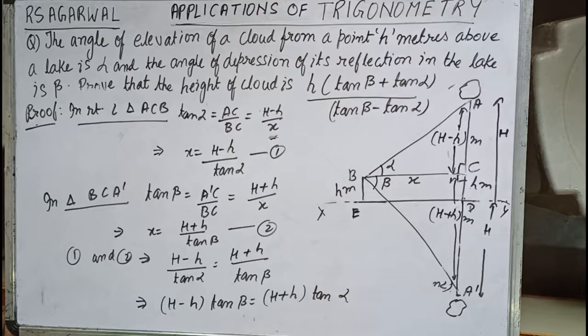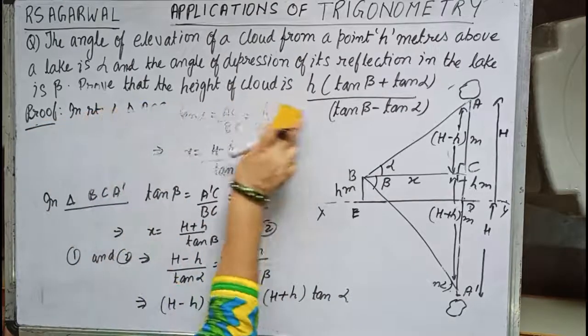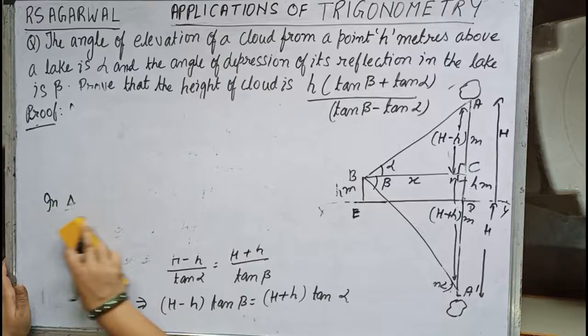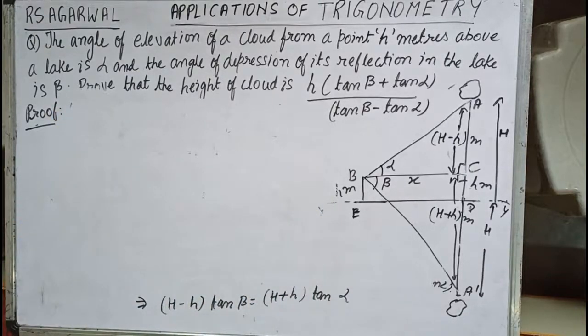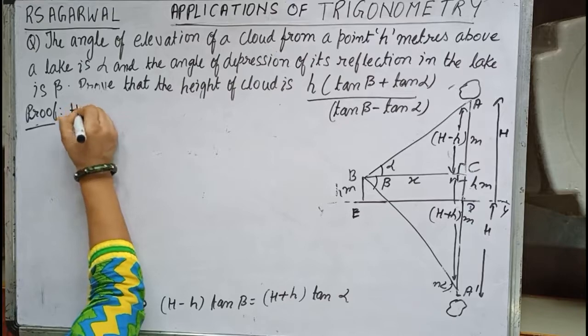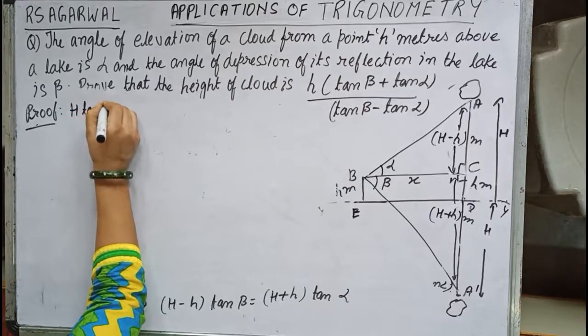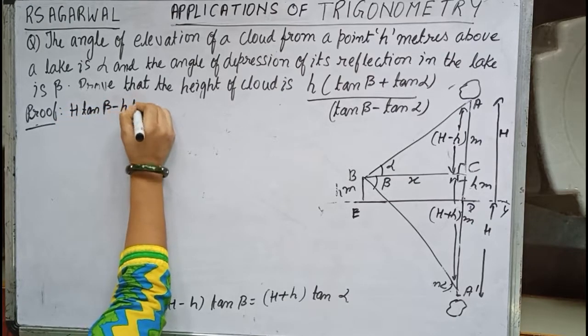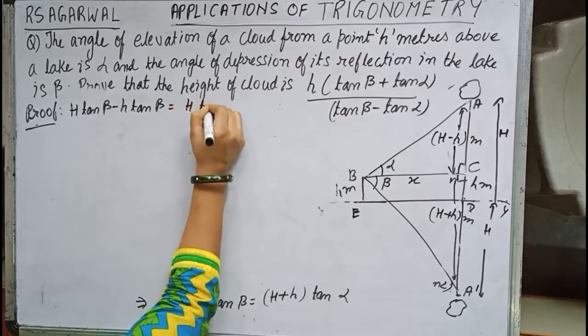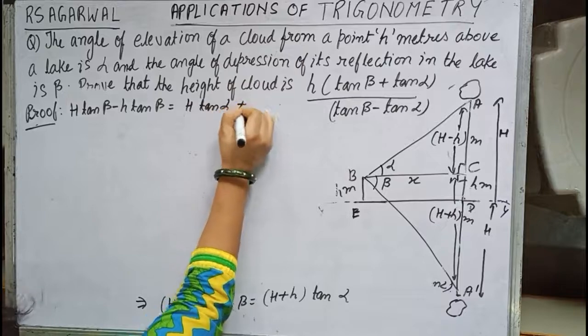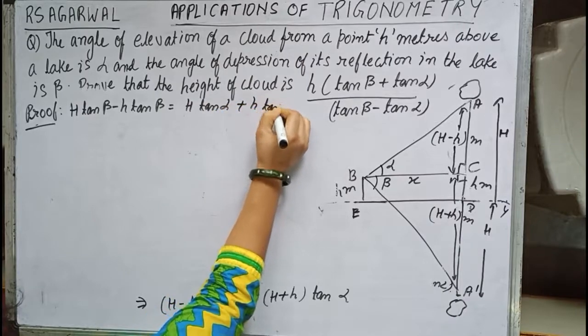Opening of the bracket. So capital H tan beta minus small h tan beta equals capital H tan alpha plus small h tan alpha.